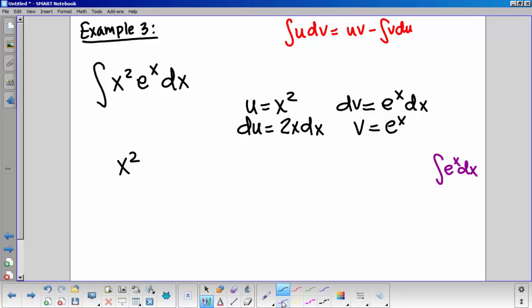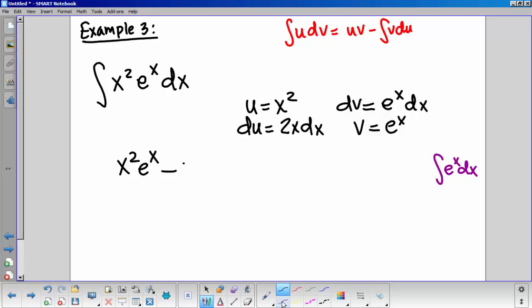All right. x squared e to the x minus. Now, I always bring my constants out in front right away. So when I'm multiplying v times du, we're going to get 2x e to the x dx.